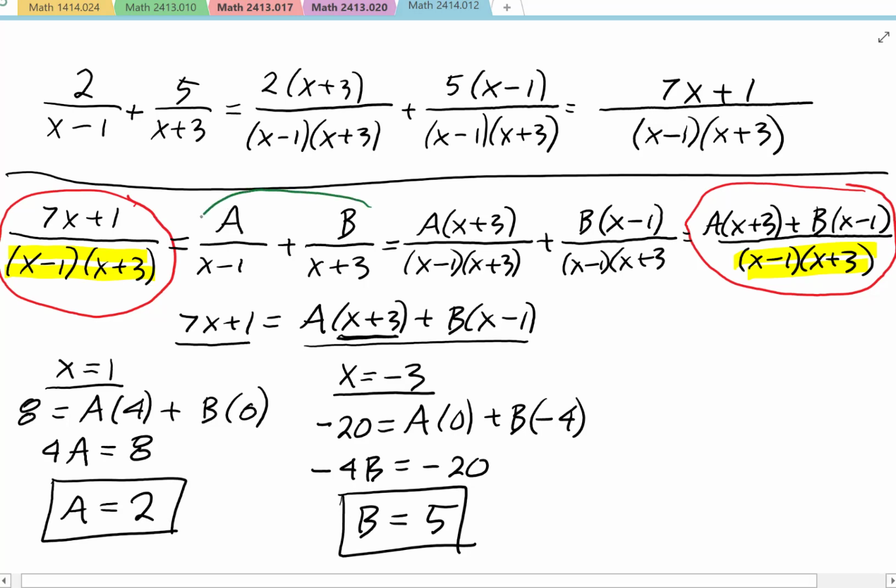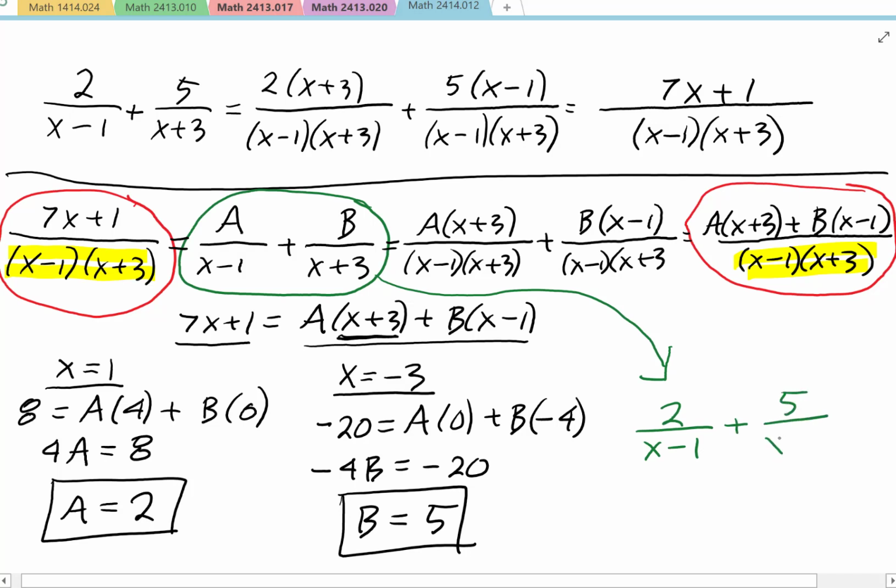So the way we split apart that rational expression, we found a and b, and that's going to become, let's see, a was 2 over x minus 1, and b was 5 over x plus 3.